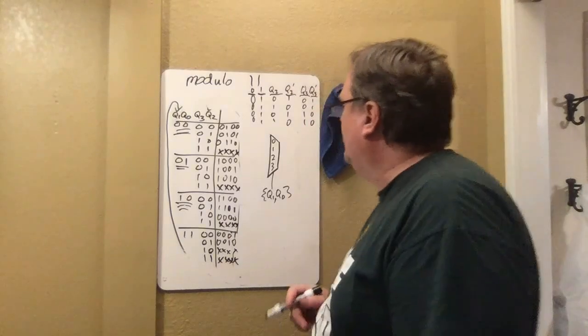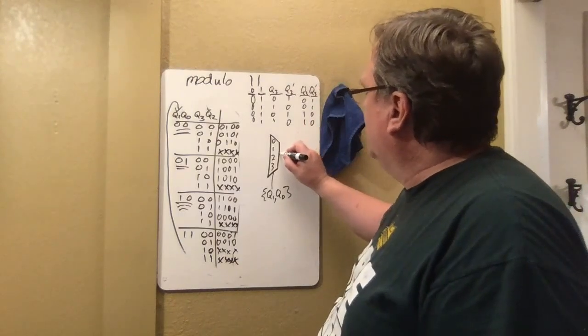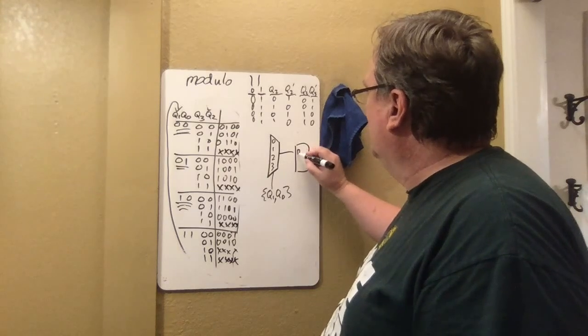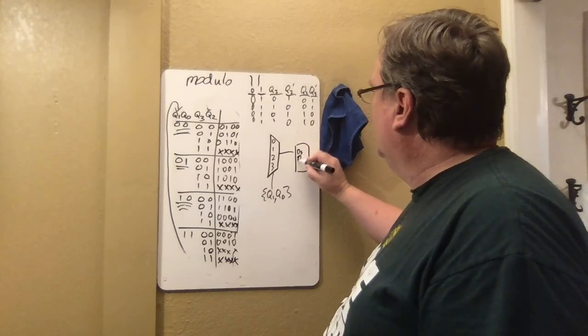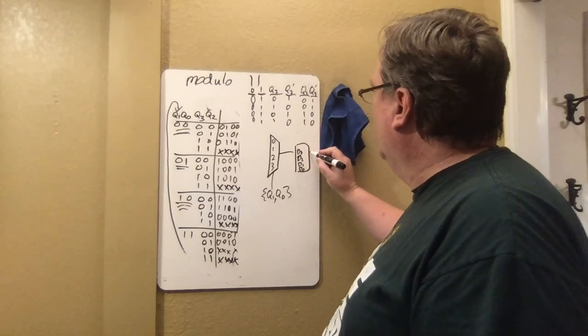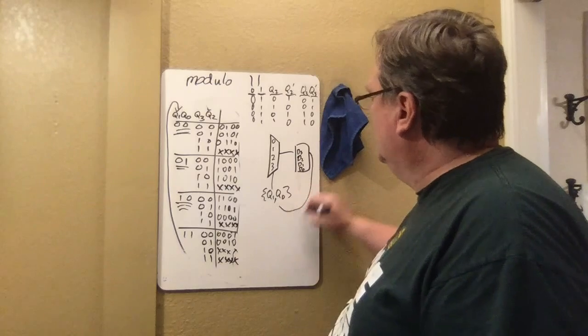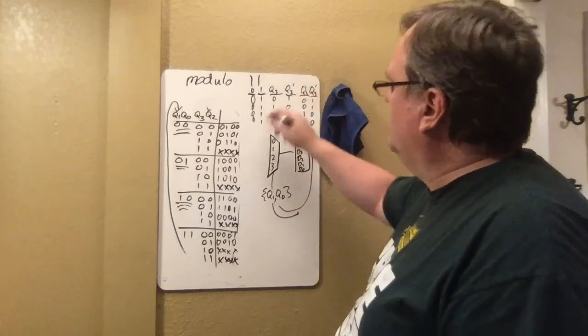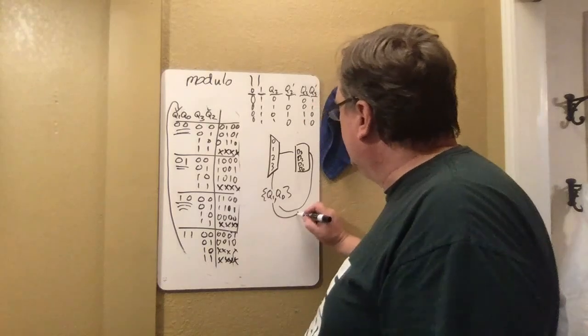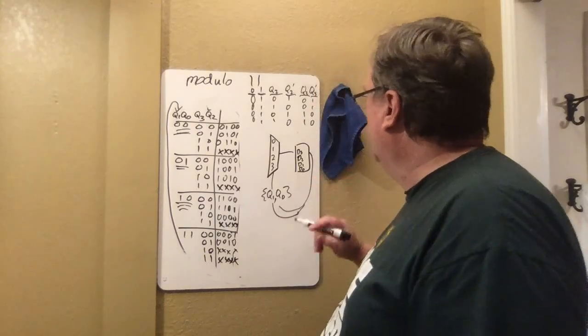I'm going to need all of them. And then what I'll do is I'll have that go into my flip-flop, which has 3, 2, 1, 0, and then the Q's come out, make these like back values. So that gives me my next state area.